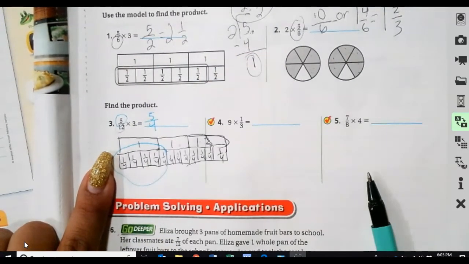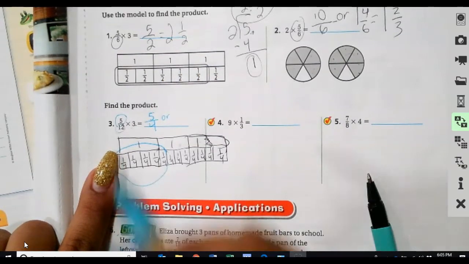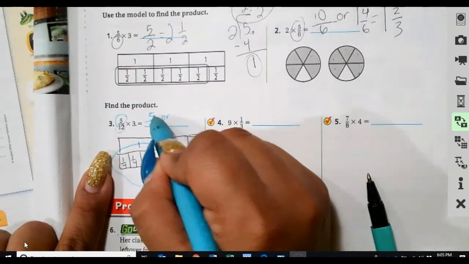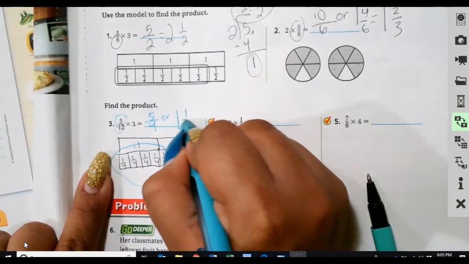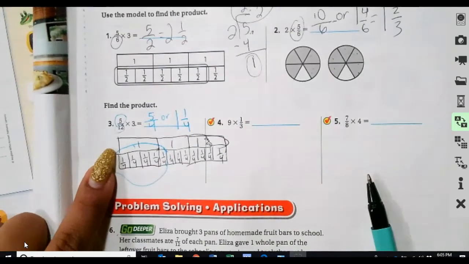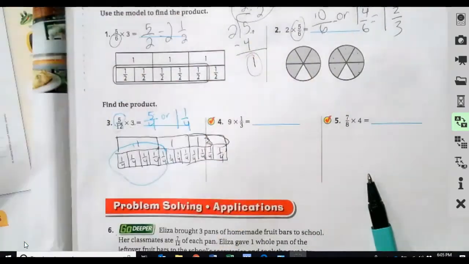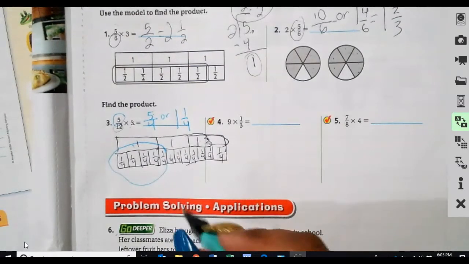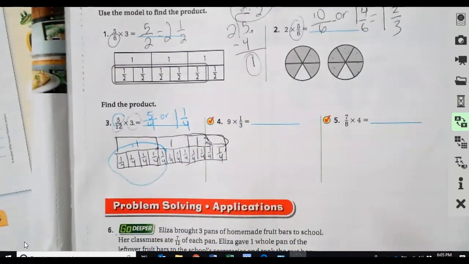Or, because it has to be in simplest form and as a mixed number, we need to see, okay, well, the 4 fits into the 5 one time. So 5/4 is the same as 1 1/4. And that is the correct response. If you're using this method, if you're using the fraction circles, then you would have to make 3 fraction circles.